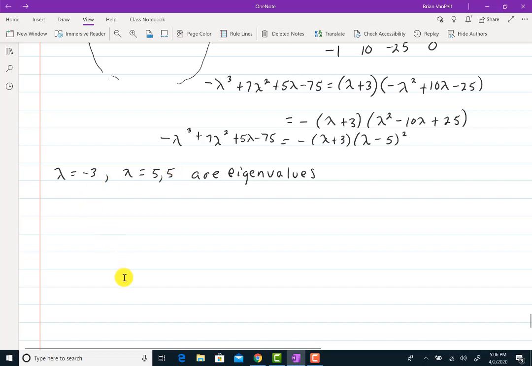So this here has multiplicity 1, and this here has multiplicity 2. So now that we have them, let's go and get our eigenvectors. So next, find the eigenvectors.